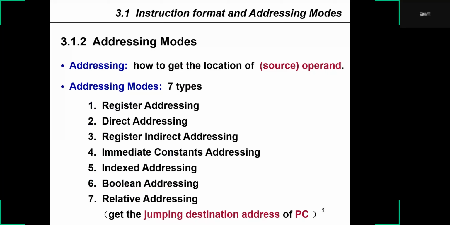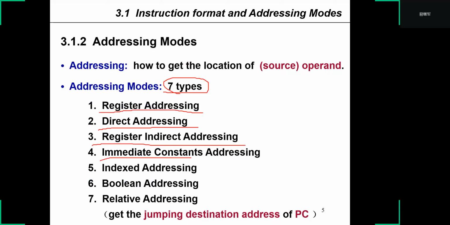Addressing mode: addressing is how to get the location of the operand. There are 7 types of addressing modes. 1, register addressing. 2, direct addressing. 3, register indirect addressing.